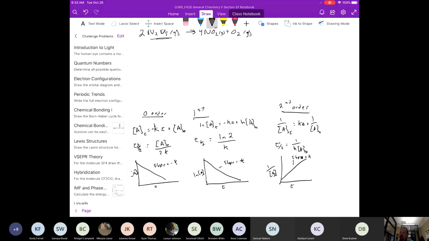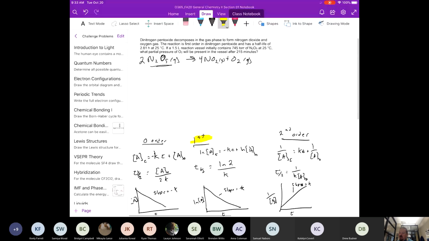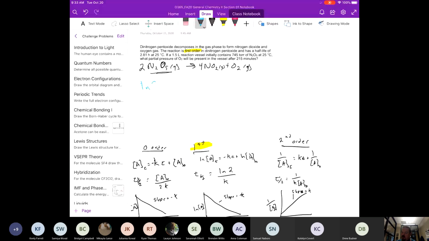In this problem, we're told that this is a first order reaction, so we're going to be using this. We can describe the concentration changing using this first order rate equation.